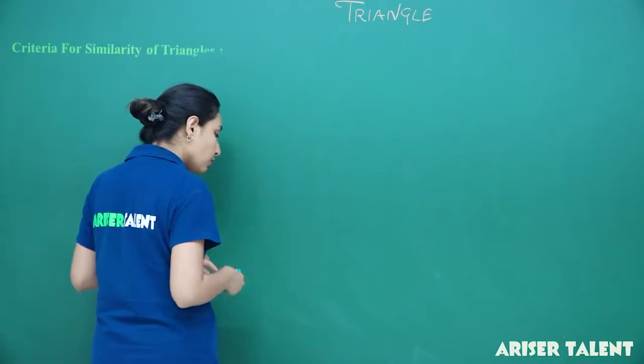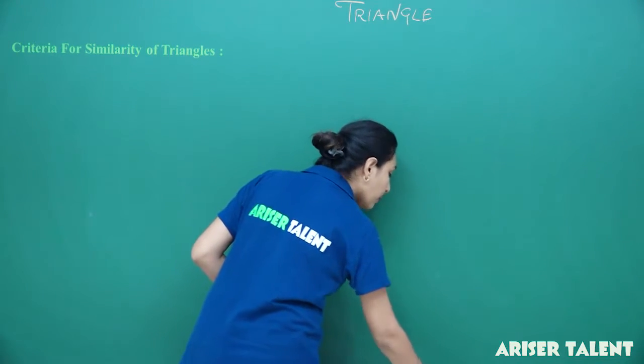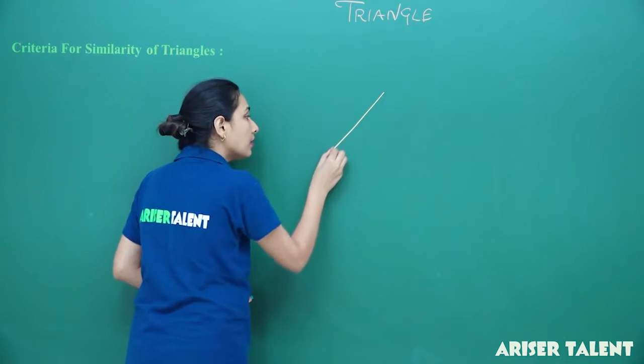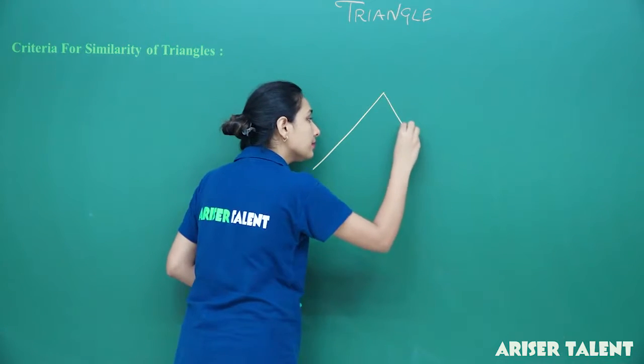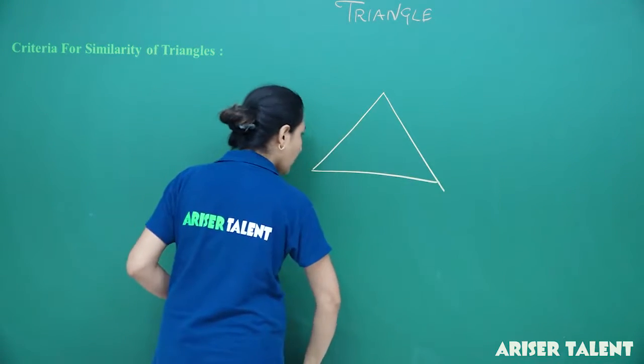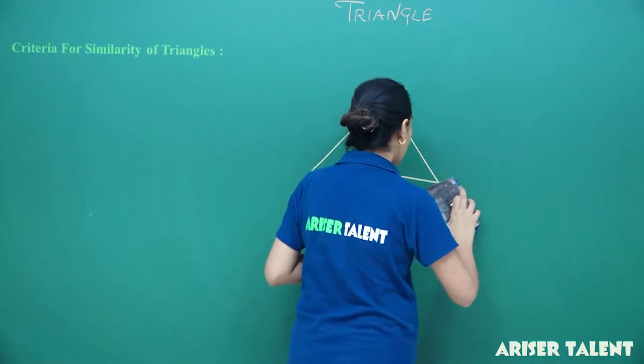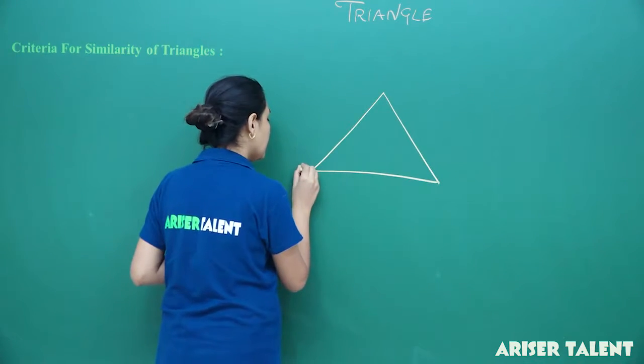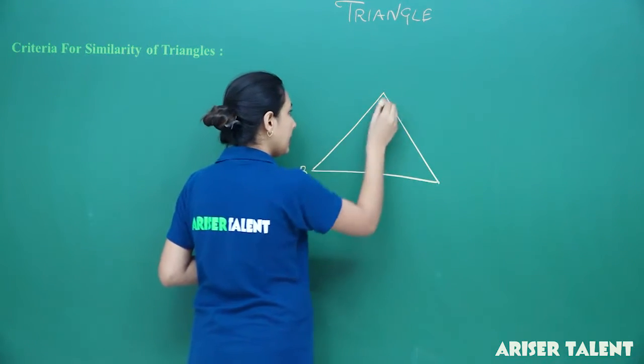Okay students, so I am checking two triangles here. This is our triangle, let's say ABC.